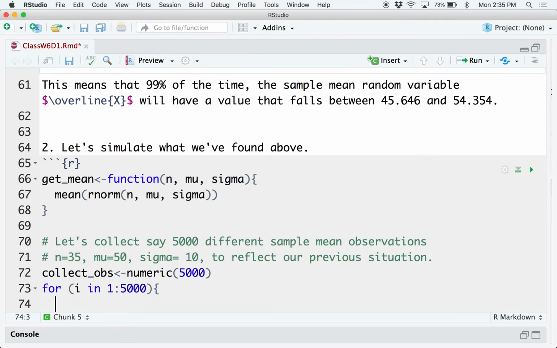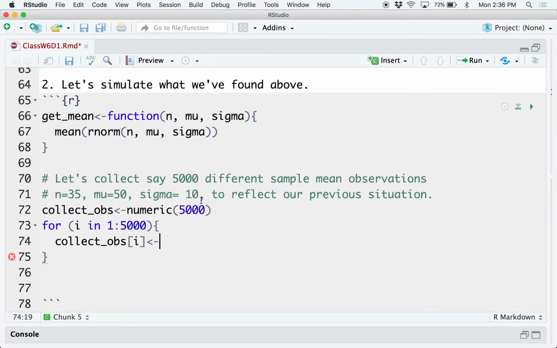As we loop through those values of i, we're going to replace the ith component of this collect obs vector with an observation of getMean, with n equals 35, mu equal to 50, and sigma equal to 10.